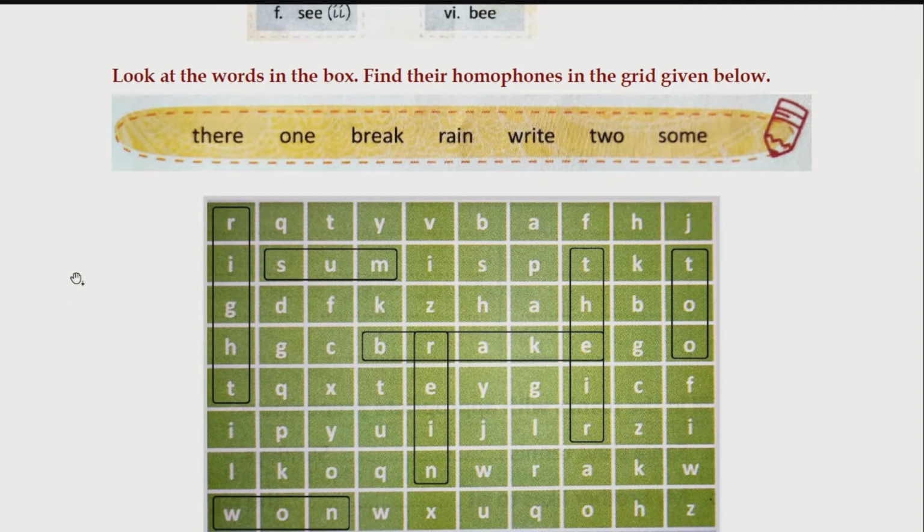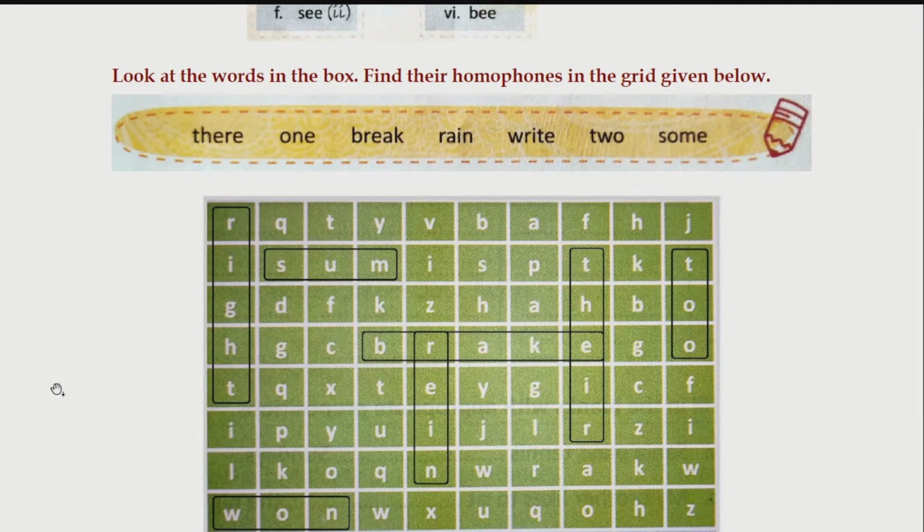Now here what you have to do is you do not have the direct answers. You have answers hidden in this grid, and what you are supposed to do is take each word from the bracket one by one. For example, there. You have to pronounce this word first, and this is pronounced as there. So you should know what is the homophone for this word there.